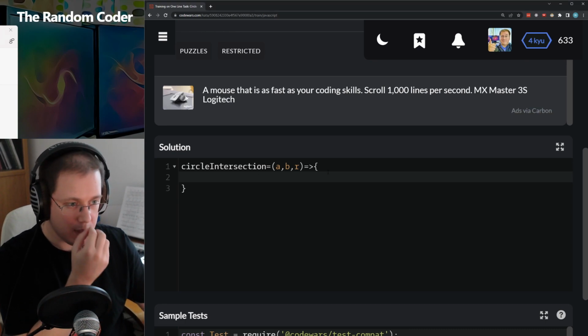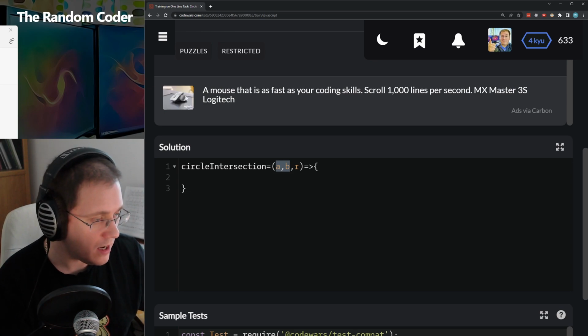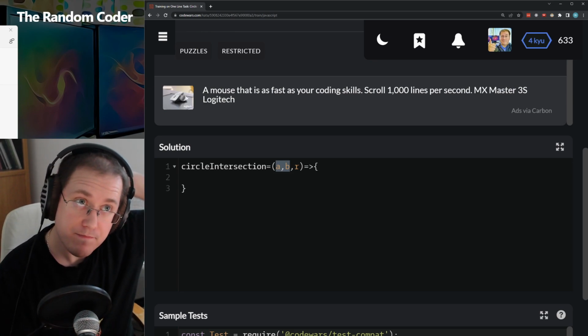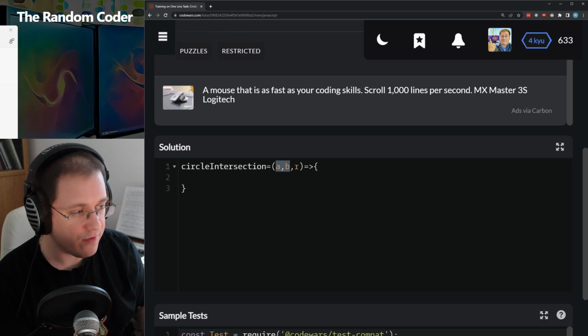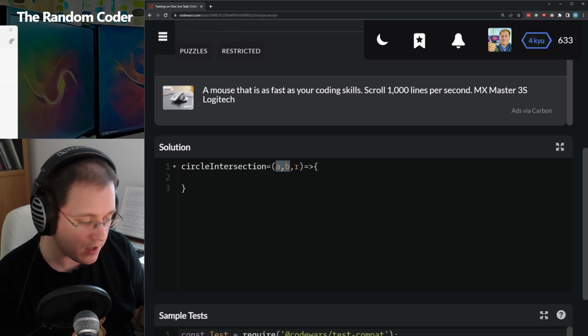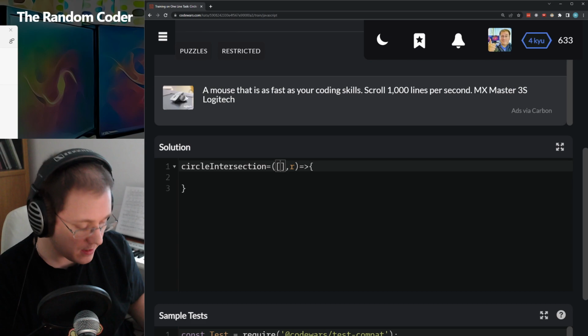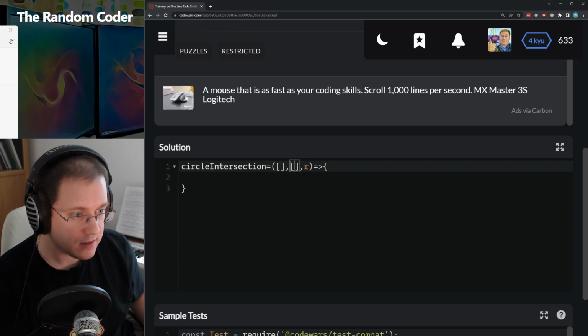So first thing to note is A and B are actually arrays. Therefore, we probably should just destructure these to get the actual numbers for each of the x and y coordinates. So we can have that, and we'll just say A and B, C and D, let's say.